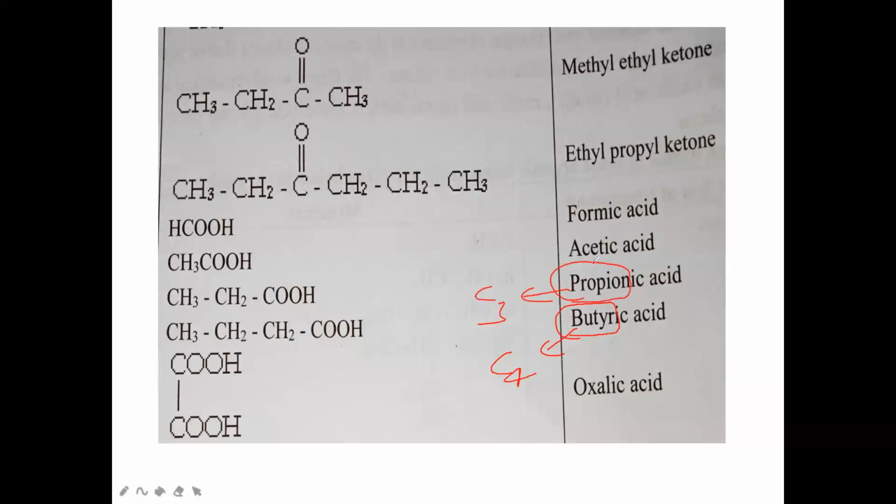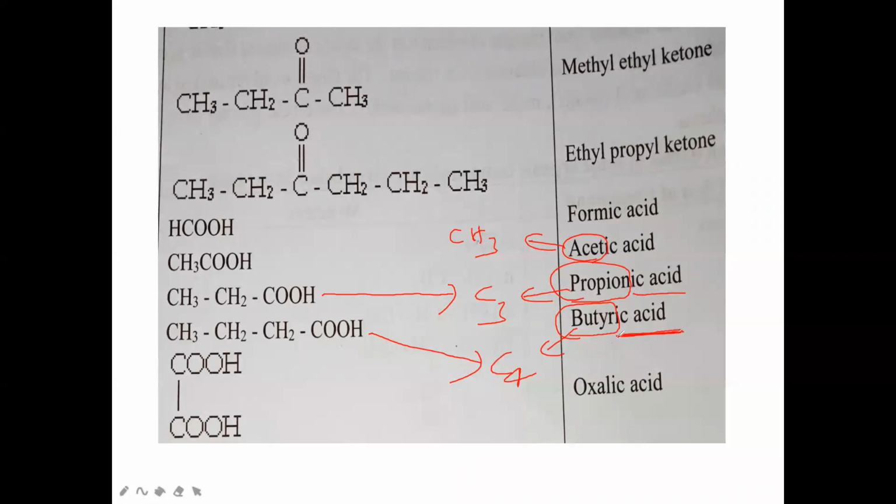So here, propion means totally 3 carbons should be there. In this one, 4 carbons are there, that's why we have said butyl. And ic acid, why? As the COOH functional group is there, we say ic acid. So here propionic acid.